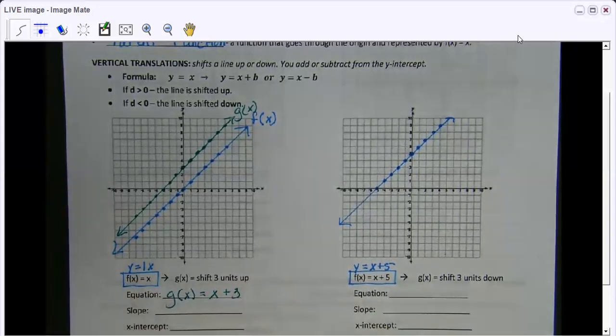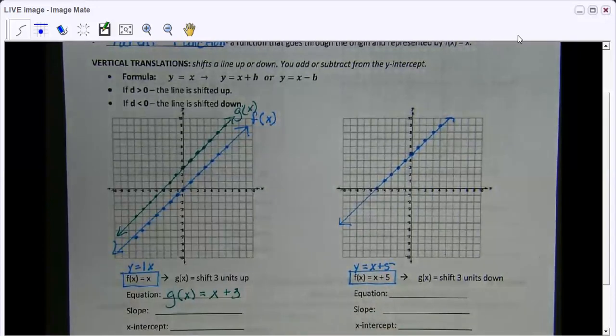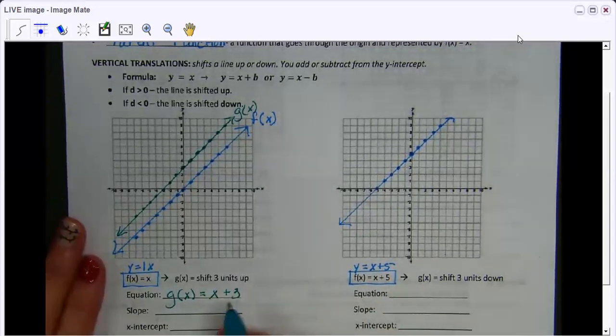And so you're going to notice that we only changed the Y-intercept from 0 to 3, but we left everything else the same. Our slope did not change. It stayed the same. The x-intercept changed, and the Y-intercept changed. Okay.